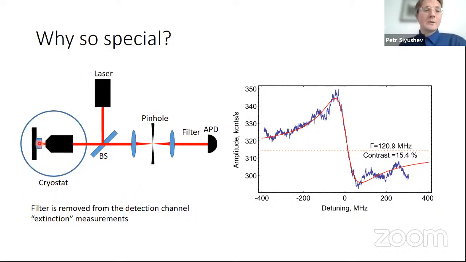If we would look through the diamond, we would always have a negative peak. So we would have absorption. That's because the scattered light is always out of phase with the incident light, and then single defects create a shadow.